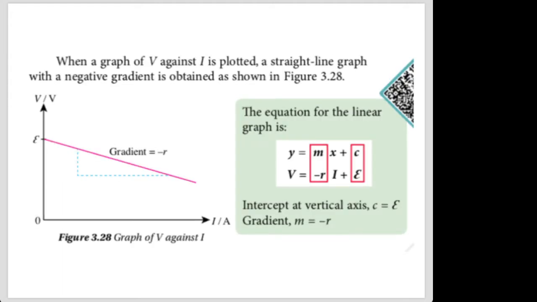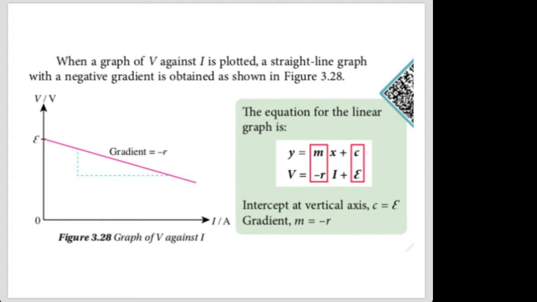Okay, and another way for you to do the calculations is by using a graph. So if you were to plot a graph of V against I, V being the potential difference, I being the current, a straight line graph with a negative gradient is shown in figure 3.28. So you could use this equation.